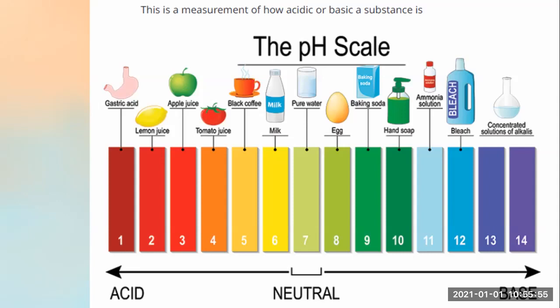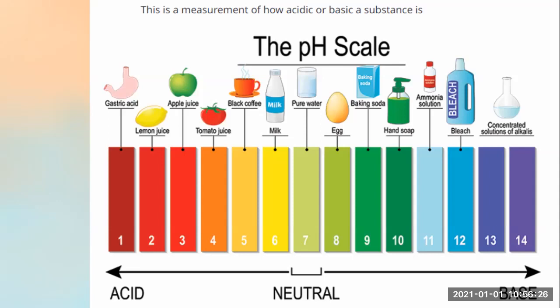It is neutral. Now see here students, I have taken some examples where we performed the activity, so we can evaluate that these substances are acidic or basic in nature. First, I took pure water and put 4 to 5 drops of universal indicator in it, and I obtained a very light green-yellow color.